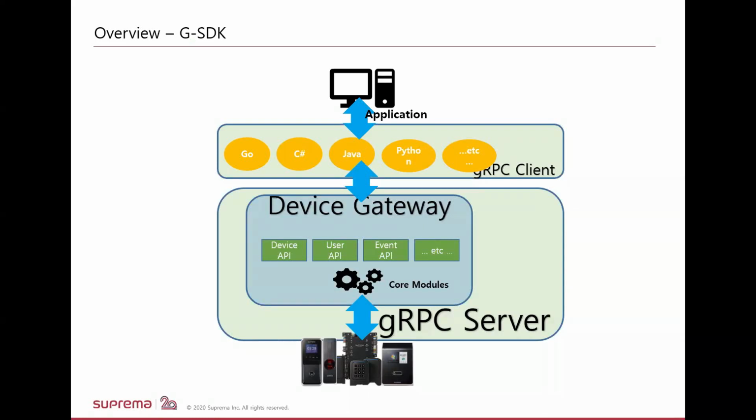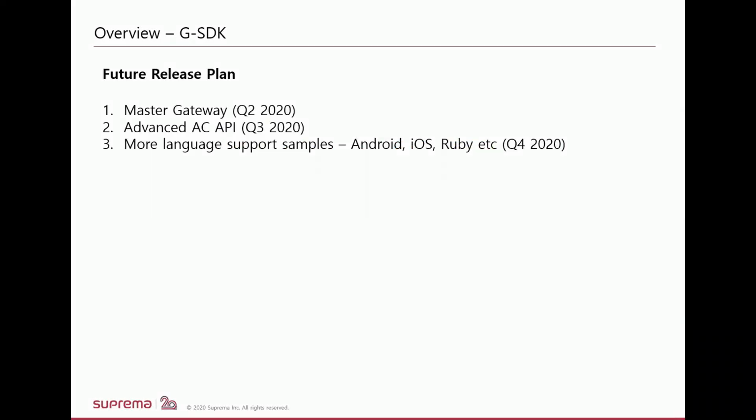Currently, we are providing sample code in Java, C#, Go, Python, and Node.js that you can download from the GitHub page. Also, we will provide more language samples as time goes by. Until now, we only have simple APIs, and the maximum number of connections is the same as the Device SDK.